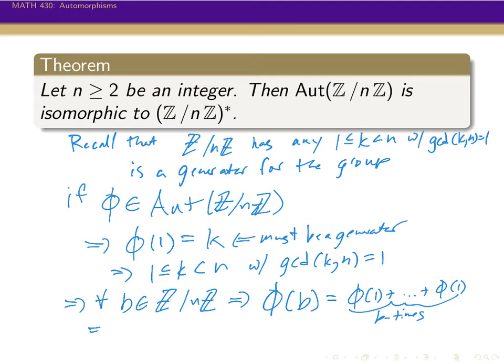And so this is just going to equal, since each of these is equal to k, b times k mod n. And so what this is saying is whatever this automorphism is, since 1 is sent to k, any other element in the group is going to be sent to whatever b times k is mod n. And so we can associate phi to k.